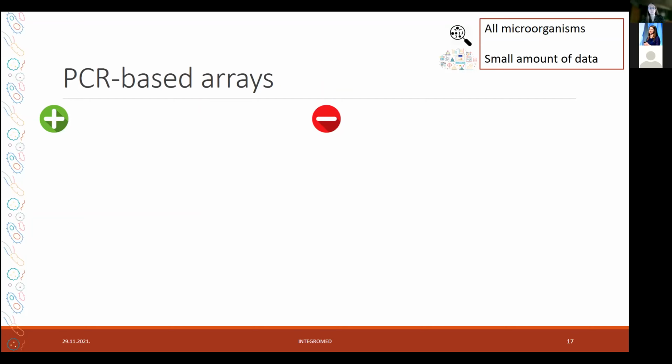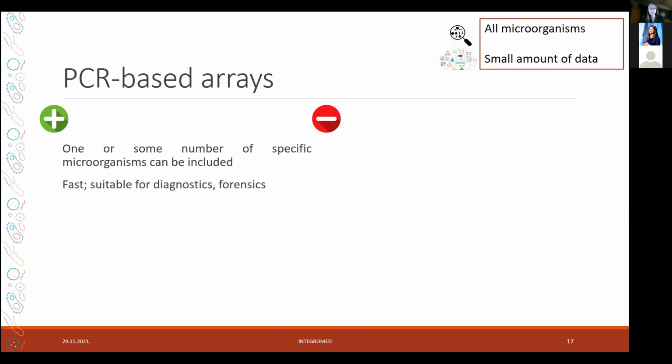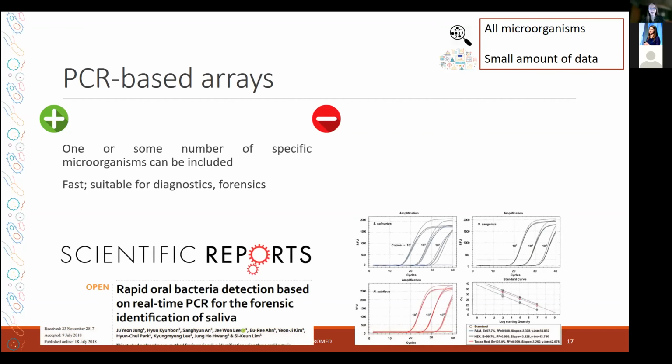Next method would be PCR-based arrays. The benefit is that we could analyze one or some number of specific microorganisms that we want. It's really fast, and suitable for diagnostics and forensics. We can see some examples here.